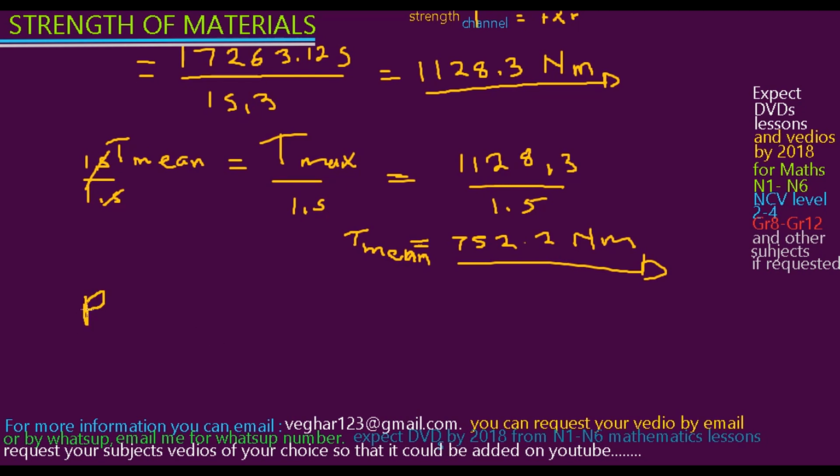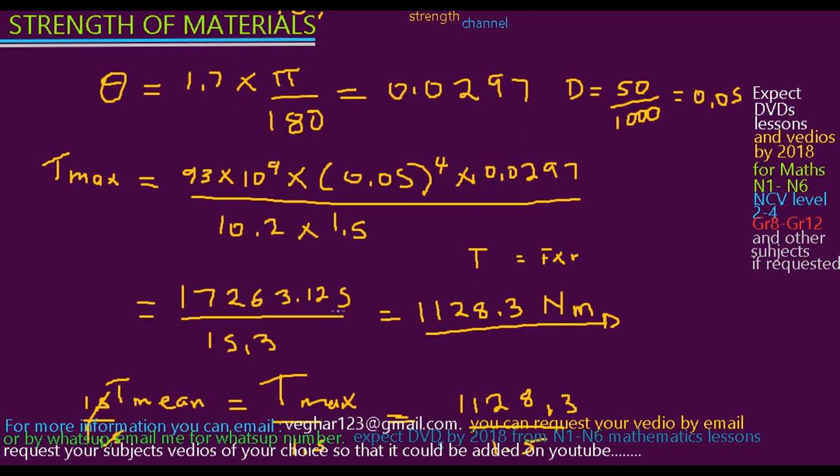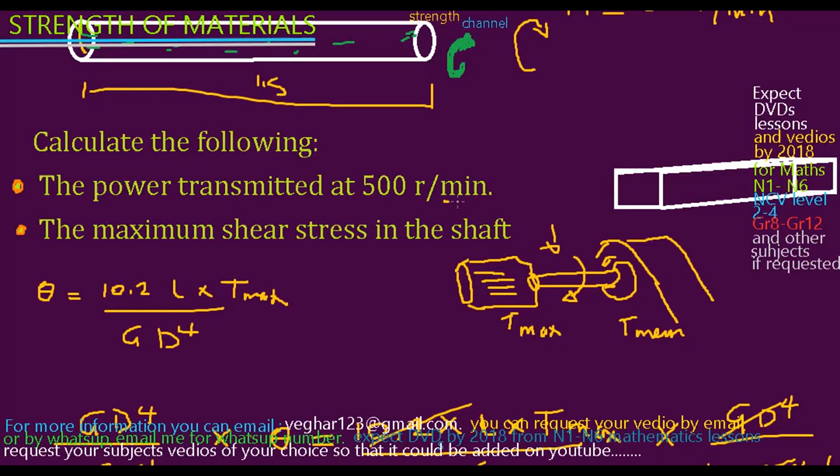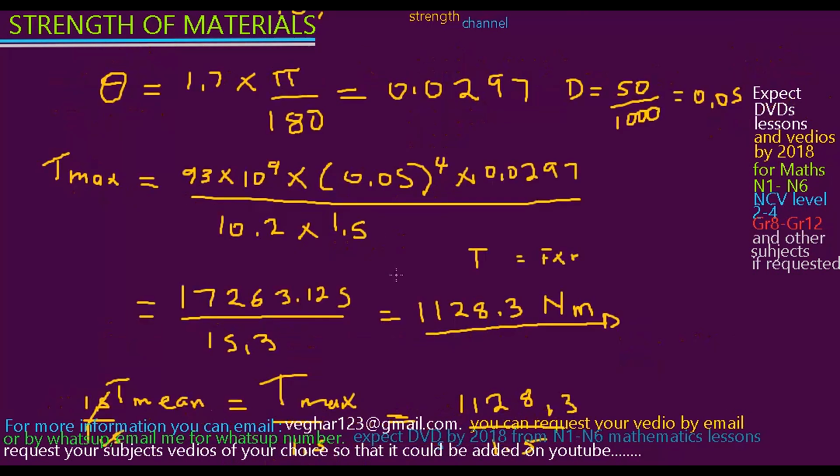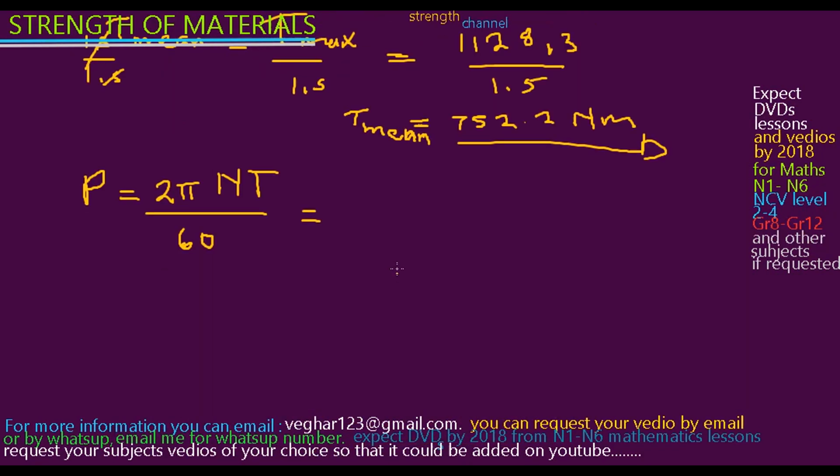So the equation of a power is, this is the equation of power, because it's the rotational frequency, it's a rev per minute. To convert it to second, you divide by 60. So you have to check this one. You don't just put 60 here.